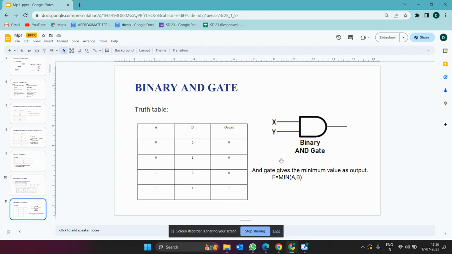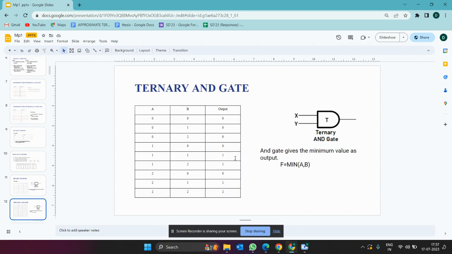And this is the AND gate of binary. In the binary AND gate, we consider the minimum of both the inputs. That is here, the minimum is 0, so the output is 0, and the same applies in the ternary, that is the minimum of both the inputs is the output.